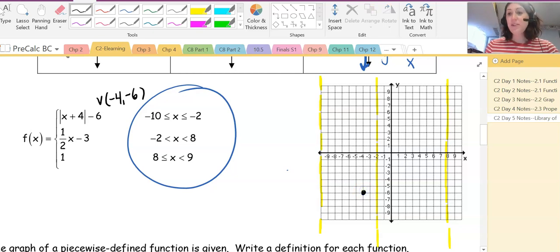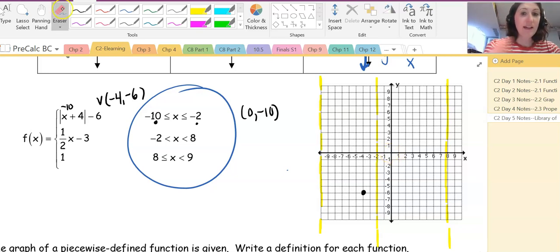Then another thing you can do is take each of these numbers and plug it into the function, and that will give us our y-coordinates. So for example, -10 plus 4 is -6. But the absolute value of -6 is 6, and then we're subtracting 6. So you're going to have a point at 0, -10.